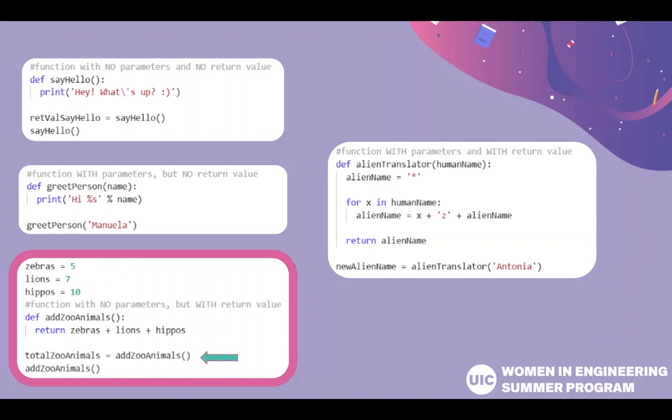And whenever we call add zoo animals, we save that total number into our variable total zoo animals. But as I mentioned, since it does have a return value, you can either save it or not. It just depends if you're going to use it later. If you are, it will be useful to save it in a variable. But if you don't, it's not going to crash your code. It's just not going to be saved.